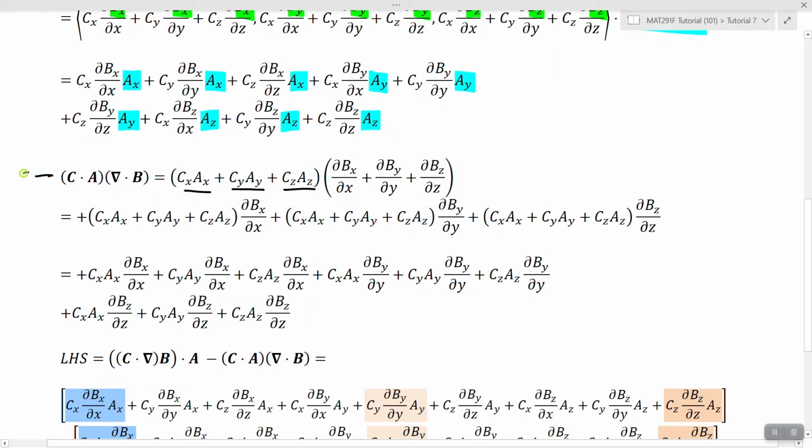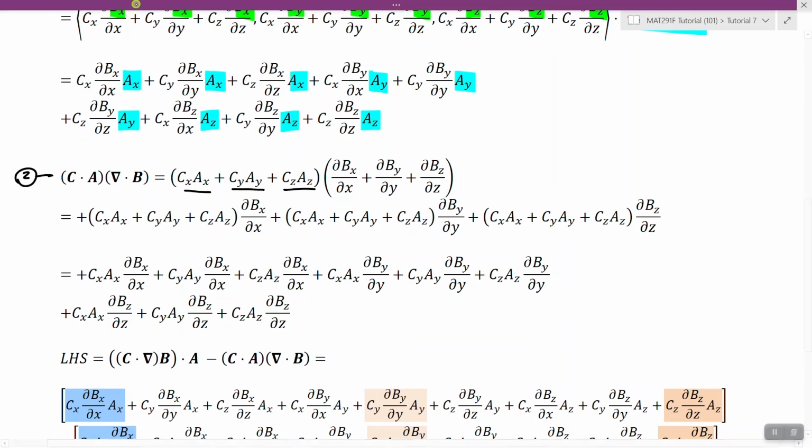Oh, by the way, this is component 2, like part 2. And then the divergence of b is partial x bx plus partial y by plus partial z bz. And this has three terms multiplying the other three terms. So in total, we will end up with 9 different terms. Let me show you in a bit more detail.